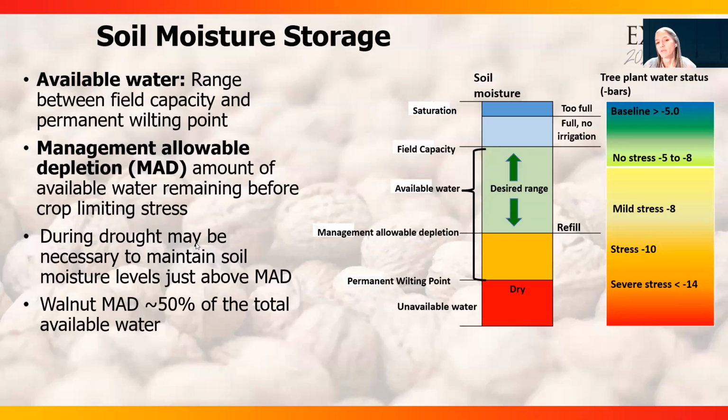During drought, it may be necessary to maintain that soil moisture level just above what we call management allowable depletion. So in walnuts, that management allowable depletion is about 50% of the total available water.